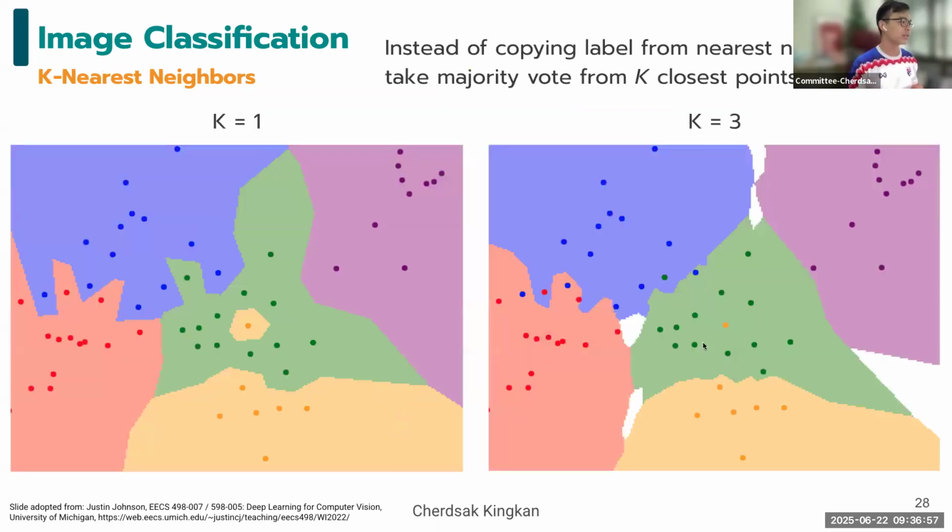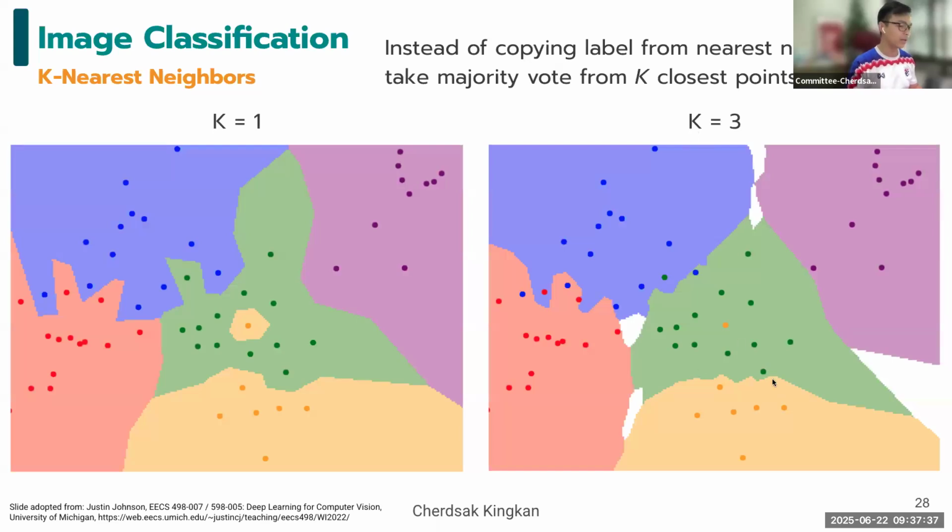So that brings us to the k nearest neighbor. If we use k equal to 1, this is probably the decision boundary that we get. But if we set k to 3, we probably get a better decision boundary. This yellow area, now there's no yellow area if we increase k, the number of closest points.